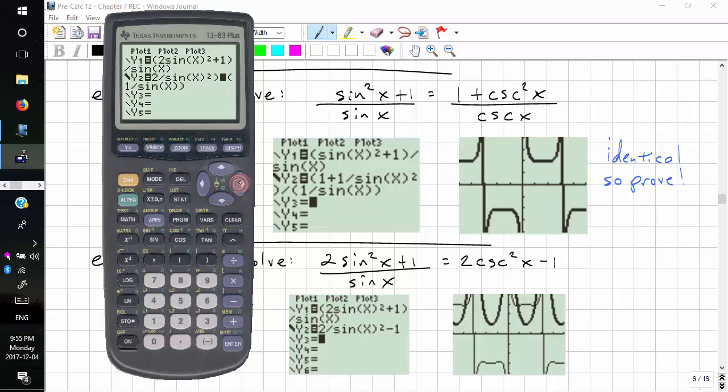And then we're going to scroll, and then I'm going to put a minus 1, and then we're just going to delete, delete, delete, delete, delete, delete, delete. And there's too many brackets there. This one's not necessary. Delete. Okay, now we can graph.